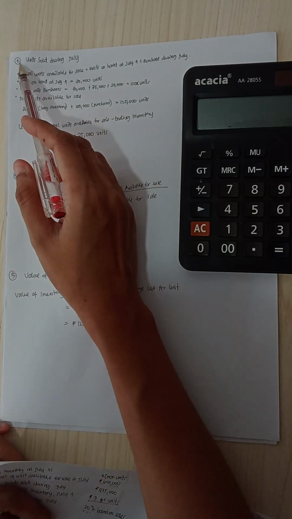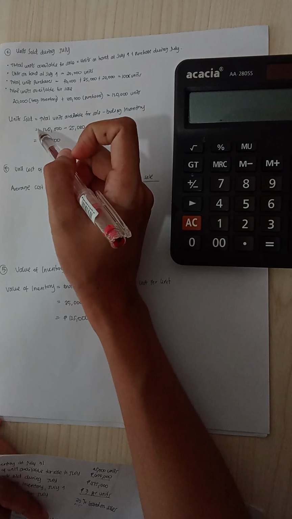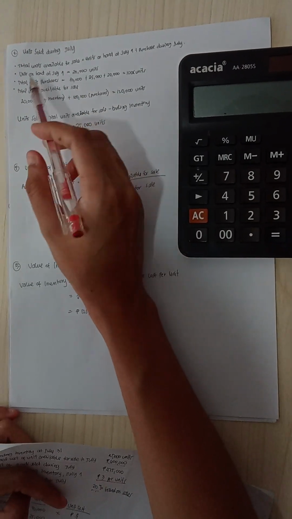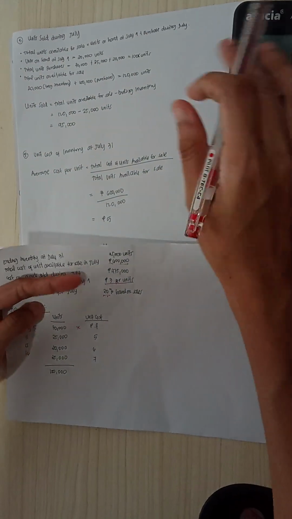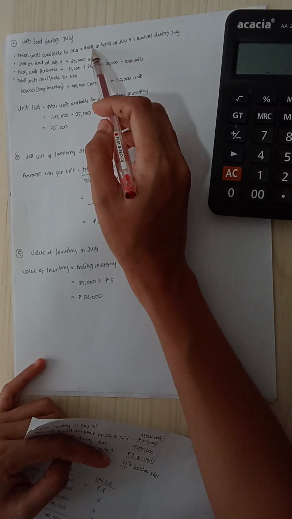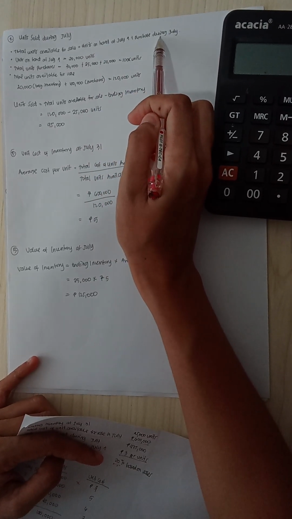So, number 3 is units sold during July. Now, let's calculate the units sold during July. So, we know, kini again, di ka na siya sa information. Total units available for sale equals units on hand at July 1 plus purchase during July.